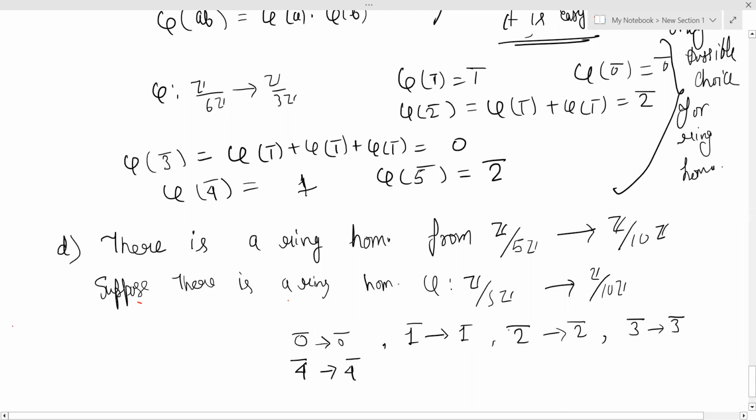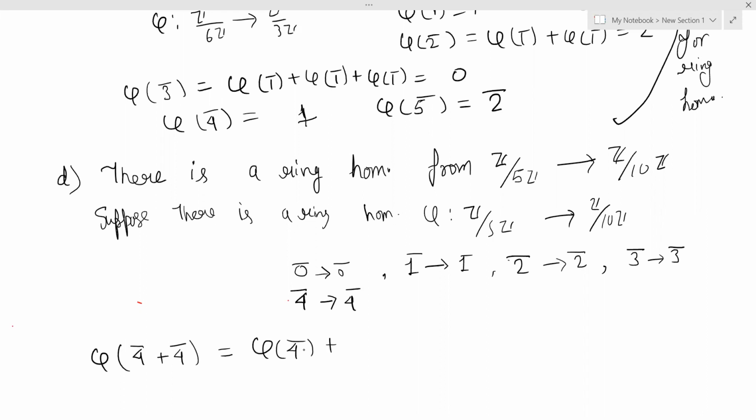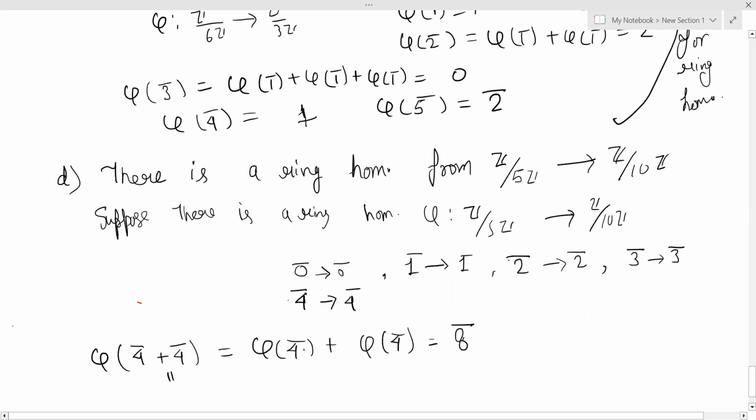Now you have to say that this is not a ring homomorphism. This is not a ring homomorphism because phi of 4 bar plus 4 bar is phi 4 bar plus phi 4 bar, which is 4 bar plus 4 bar, which is 8 bar in Z mod 10. But 4 bar plus 4 bar is 8, which is 3 in Z mod 5, so phi of 3 bar is 3.